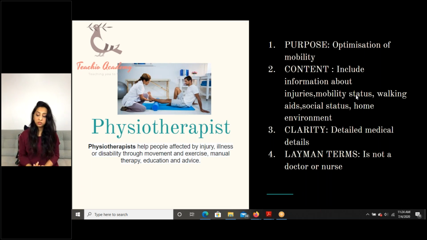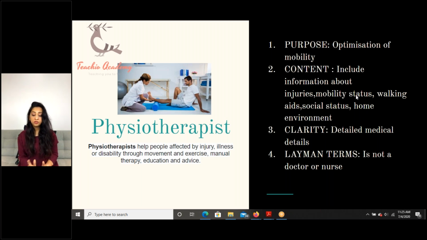Lots of people during the last week asked me the difference between an occupational therapist and a physiotherapist, because when you're writing letters to a physiotherapist versus an occupational therapist, you need to be very clear of what they do, what their role is in your patient's care, and what you would need for your patient that you're writing a letter to a physiotherapist.